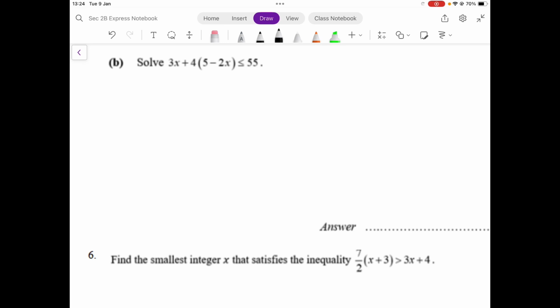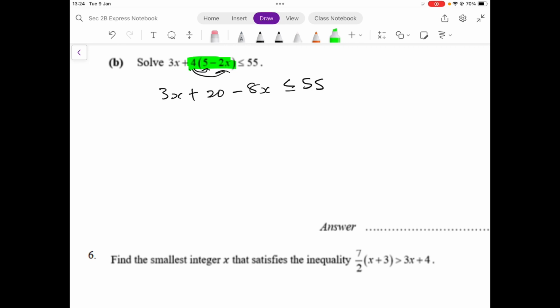Solve 3x plus 4 bracket 5 minus 2x. Okay, so expand this first. Okay, 3x plus, you multiply, expand, 20 minus 8x less than or equal to 55.